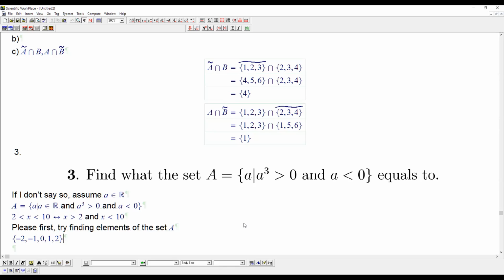All right. So consider, are they in A? Let's start with -2. Is that in A? No, not in A. Why?